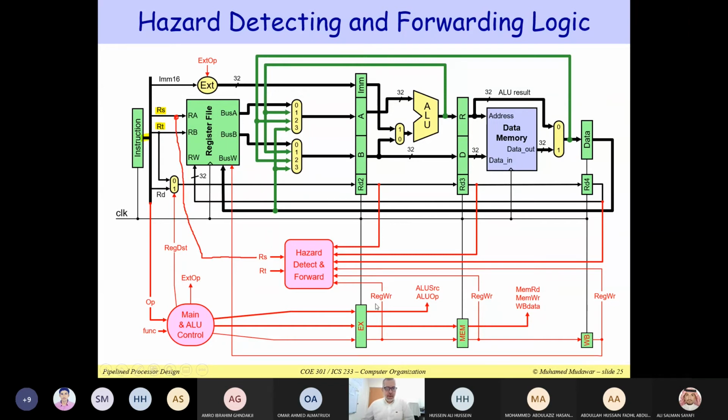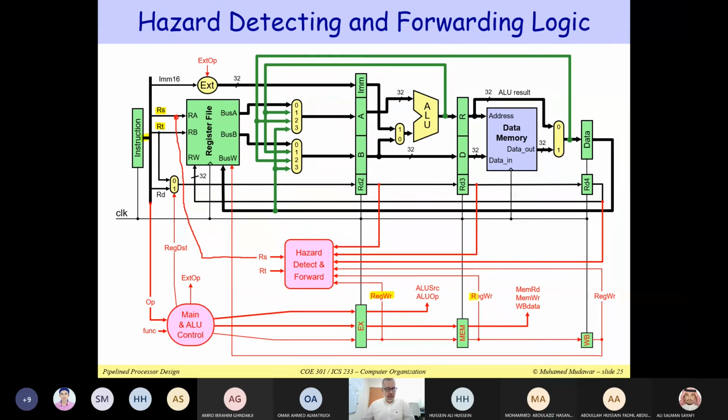Now, notice that I have register write. This is a control signal generated by the main control logic here. The main control is going to generate all the control signals, and they are going to be propagated from one stage to the next. So this register write, which is shown here, is the register write of the instruction in the execute stage.